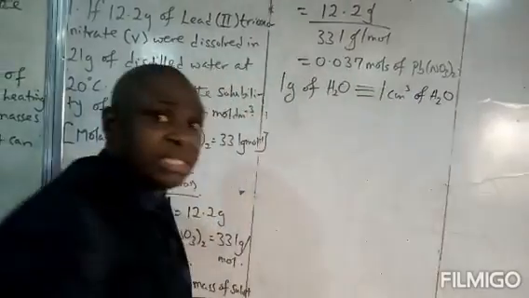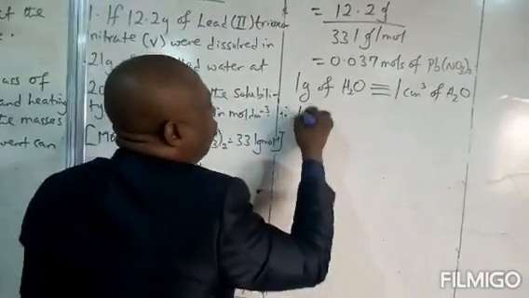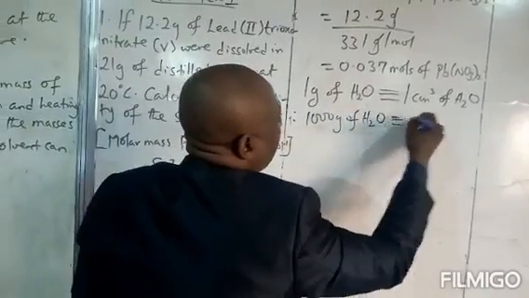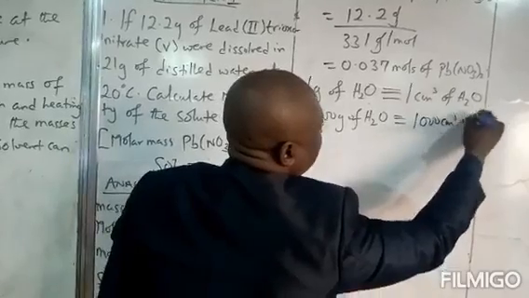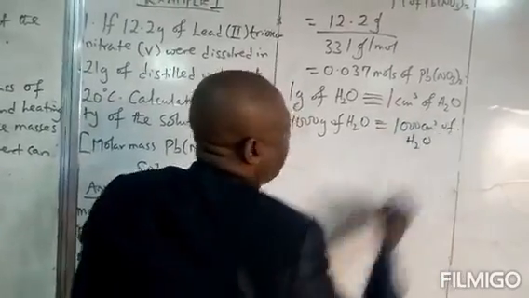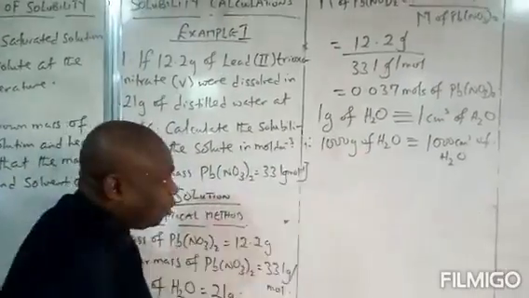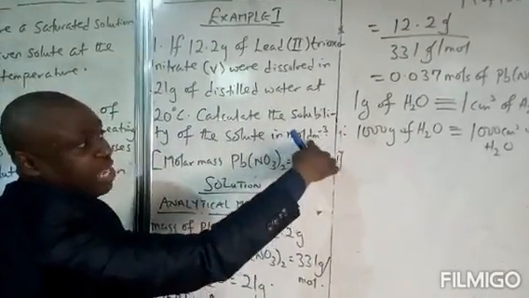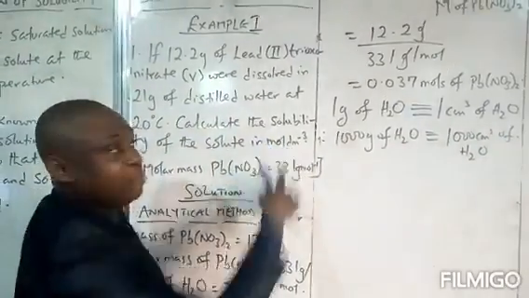This comes from the density of water. So 1,000 grams of water is also the same thing as 1,000 cubic centimeters of water. I think I mentioned this earlier in my class. This is what we are going to use in converting the unit to dm cube. Remember that 1,000 cubic centimeter is the same thing as 1 dm cube.